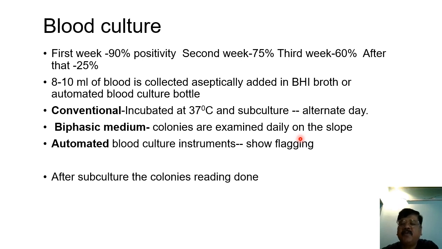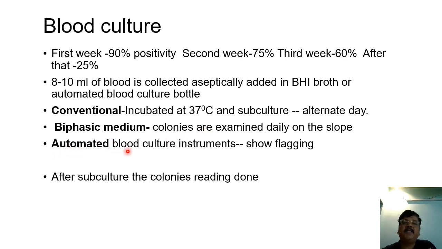So what are the advantages of biphasic medium? There is no need of opening the bottle and subculturing, so the chances of contamination of the bottle are decreased. Chances of laboratory worker infection are also reduced, and the wastage of media is also reduced.